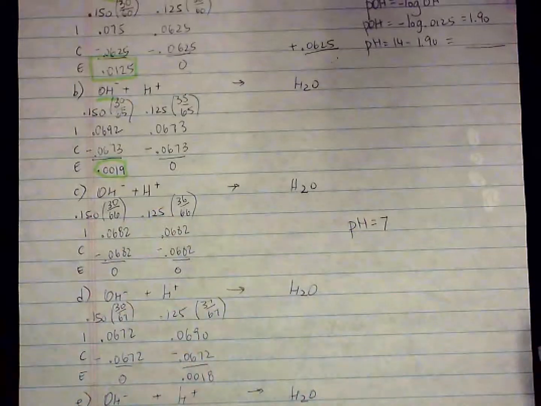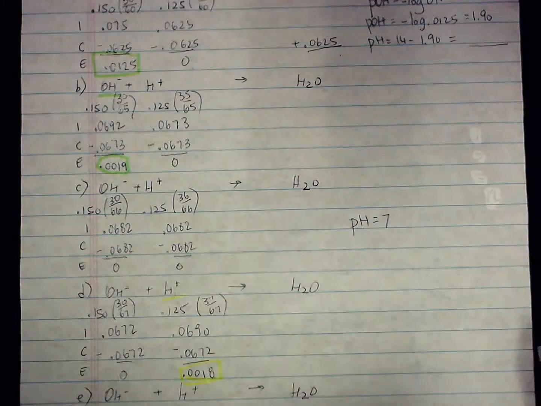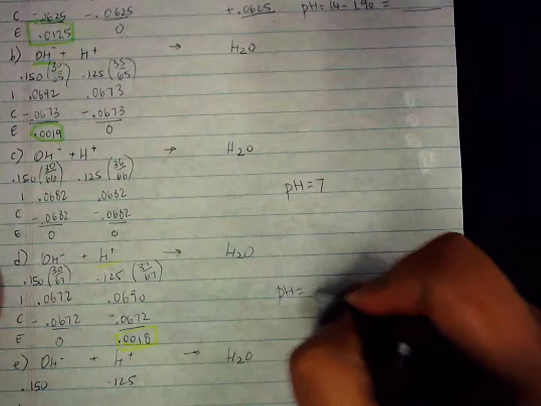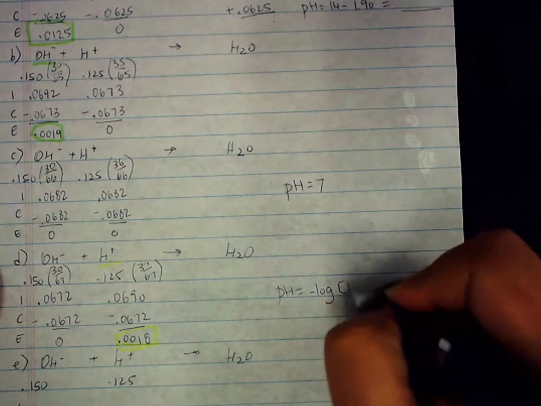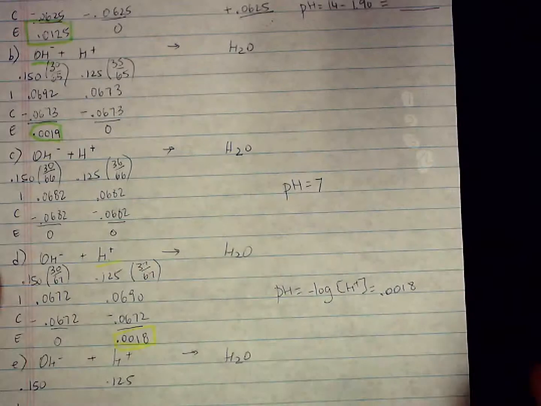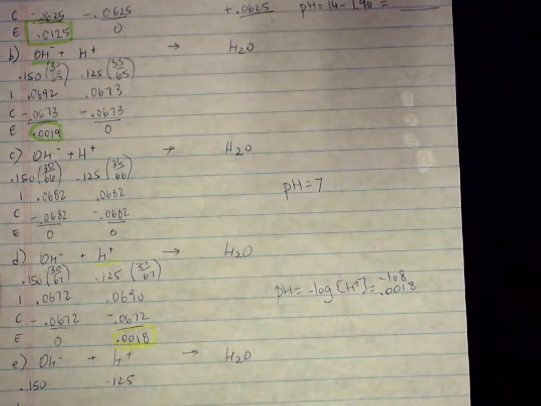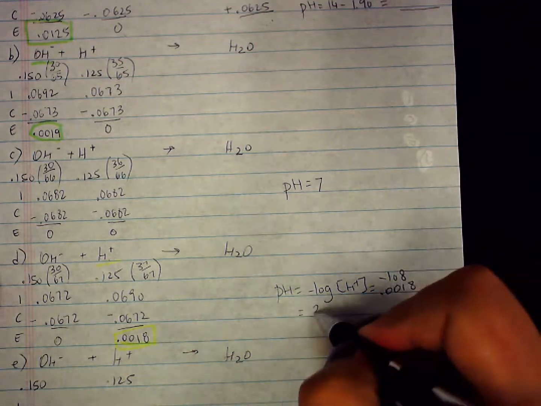Okay, so this is fantastic because I can now directly calculate pH. I don't have to do it indirectly. So all I simply have to do for the pH is just do the negative log of the hydrogen ion concentration, or 0.0018. Or the negative log of it anyways. And that happens to be 2.74.